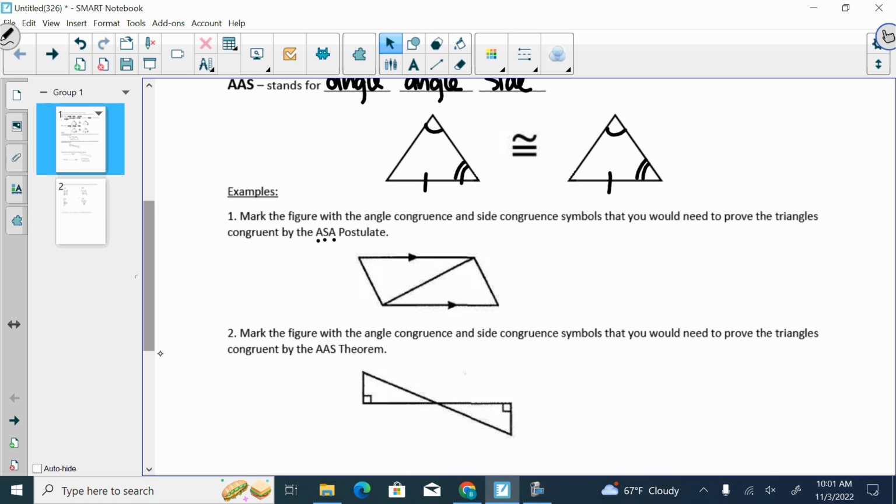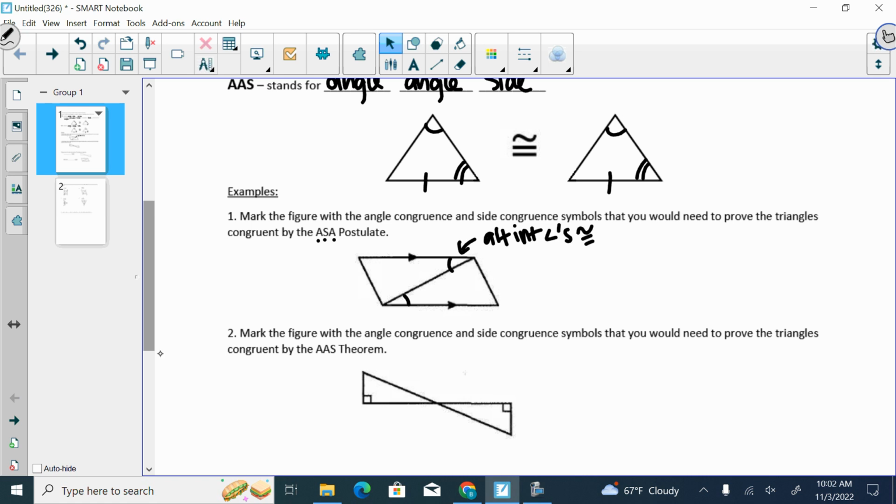Corresponding would have one inside and one outside, so still not helpful. But alternate interior would have both of those angles inside, right? So I can mark some alternate interior angles to be congruent here and here. Okay, so we've got some alternate interior angles.